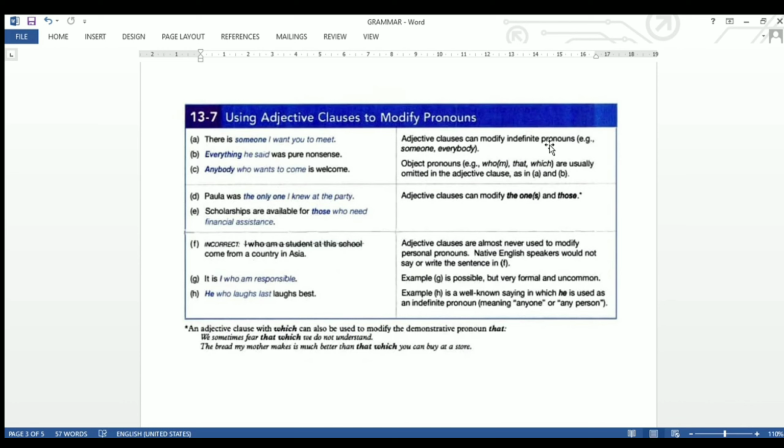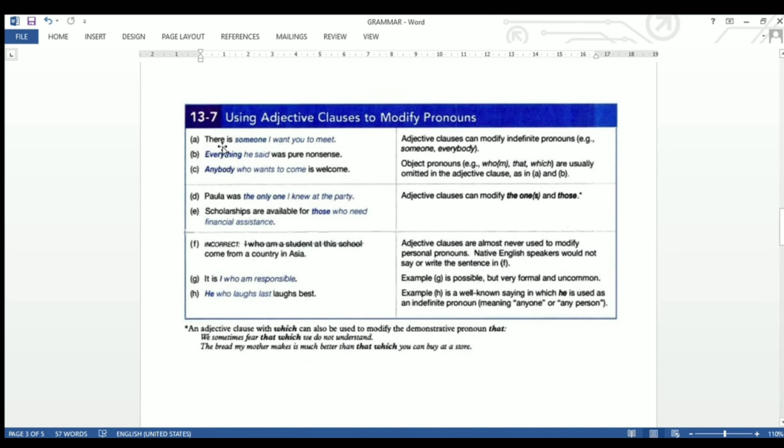That's right. And indefinite pronouns are like someone. It is not referring to anyone or anybody in particular. That is like someone, everything, anybody, everybody, or something like that.